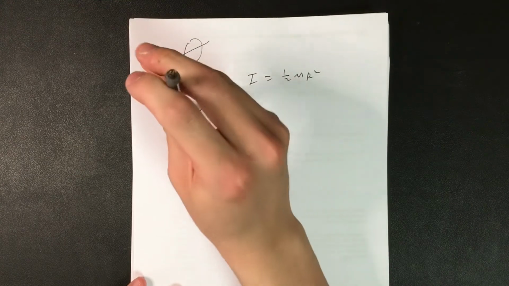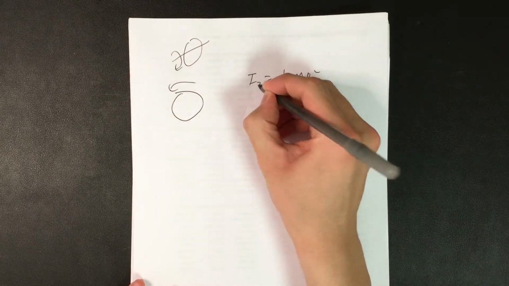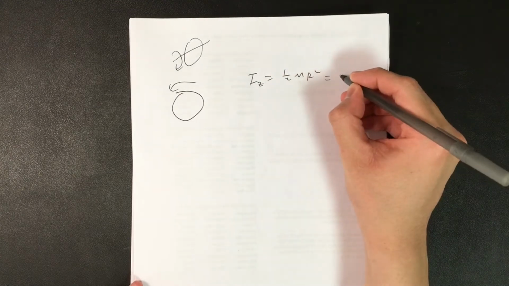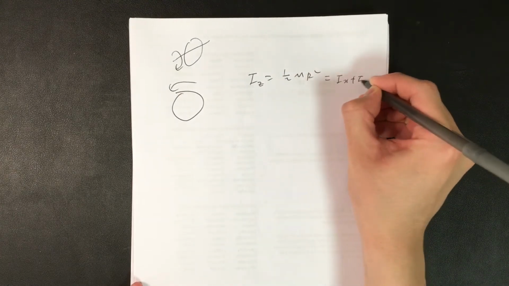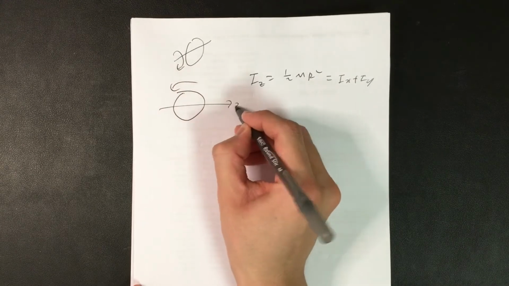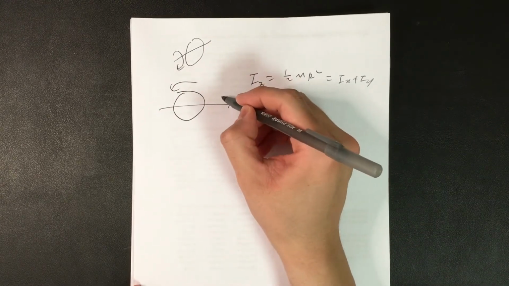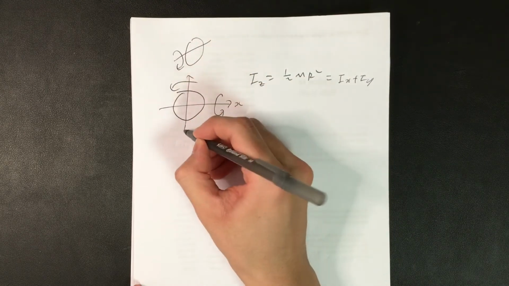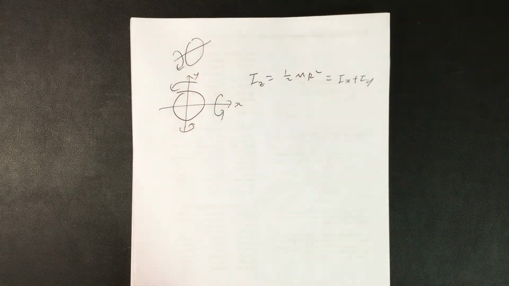Then if I set this perpendicular axis as z, then iz equals 1/2 mr squared. From the perpendicular axis theorem, this equals ix plus iy, where ix is the inertia rotated along the x-axis, and iy is the moment of inertia rotated along the y-axis.